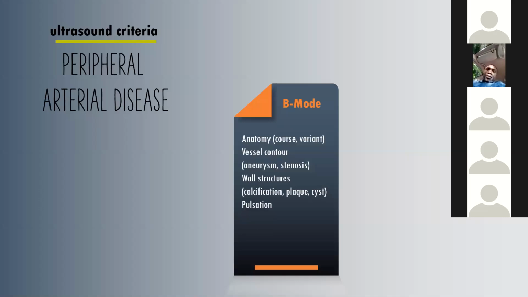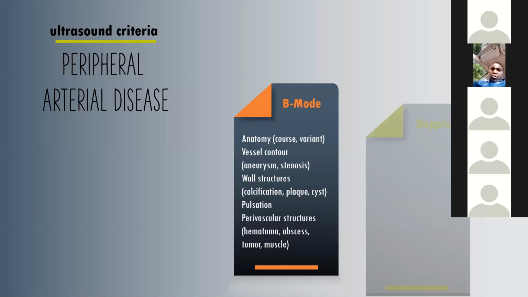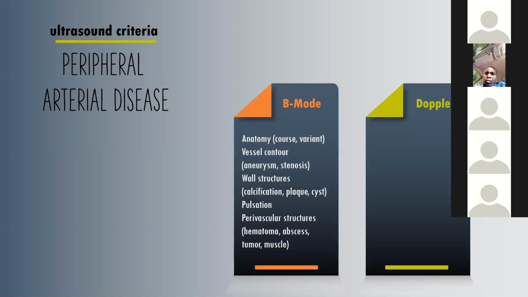Then you will see the pulsation, whether the artery is pulsatile or not. Pulsation will tell you about the blood flow inside. Perivascular structures, that is if there is any hematoma, abscess, or tumor around the artery, you can identify these too.